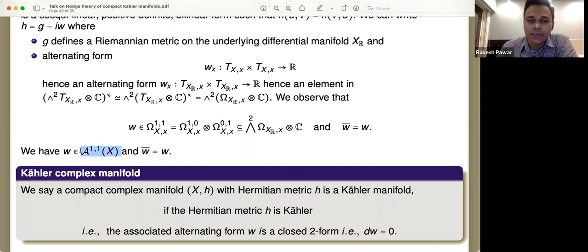If we evaluate d on W, it is 0, so it's a closed 2-form. So (X, H) is a Kähler manifold if omega, which is minus the imaginary part of this Hermitian metric, is a closed 2-form.